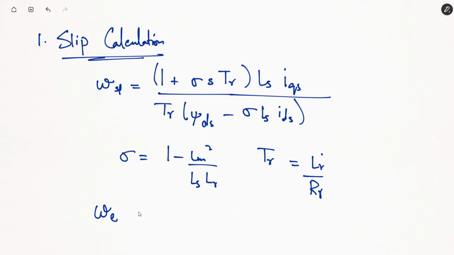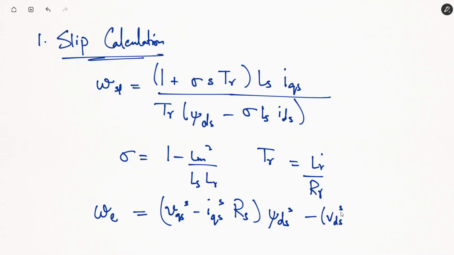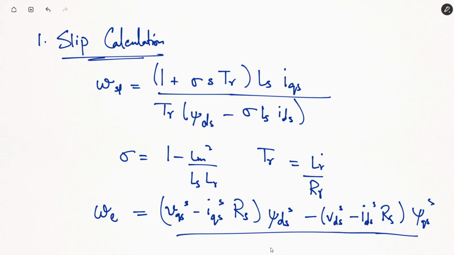And also we can calculate the synchronous speed of the induction motor using this equation, from the equivalent circuit of the induction motor drive, the dynamic model that we have already derived: the magnitude of Vqs^s minus Iqs^s Rs times sigma Ls Ids^s, minus Vds^s minus Ids^s Rs sigma Ls Iqs^s, divided by the flux magnitude squared.